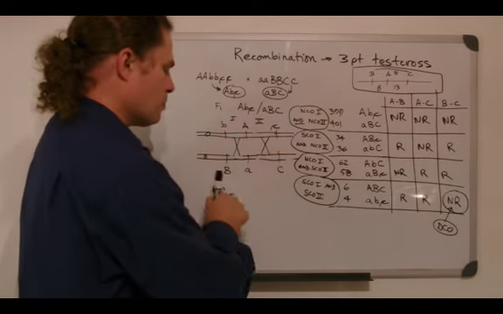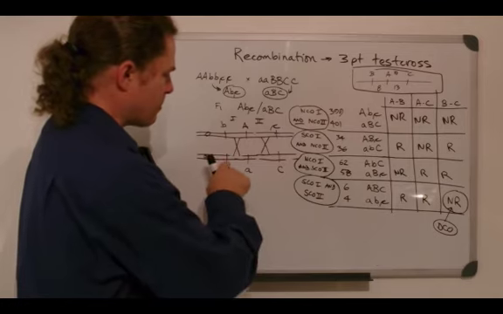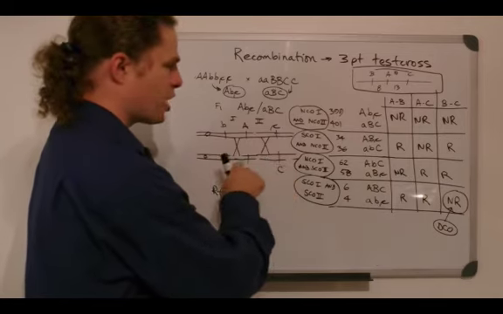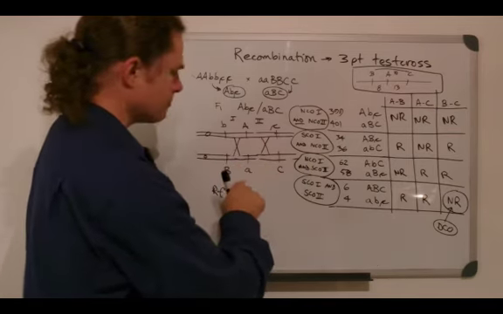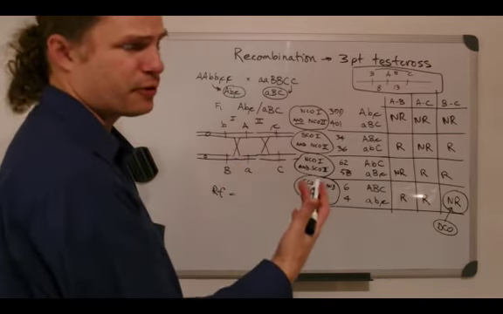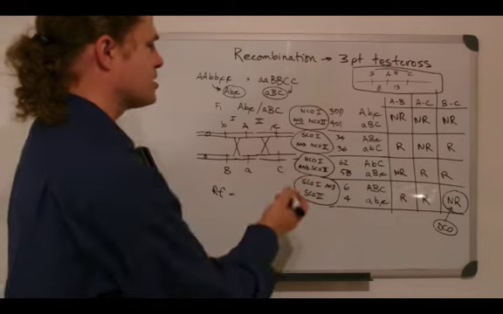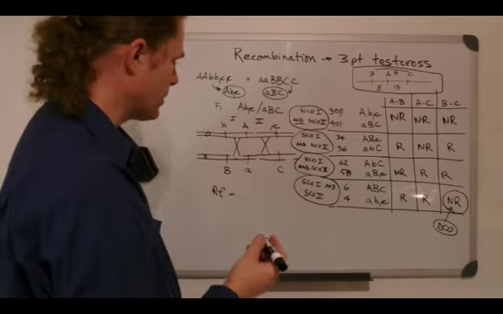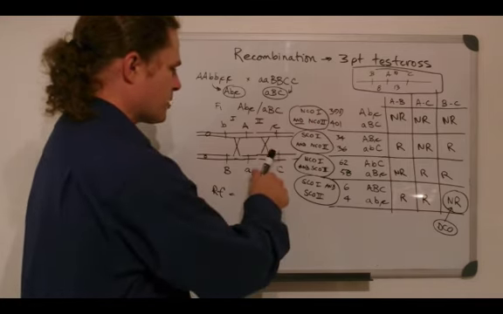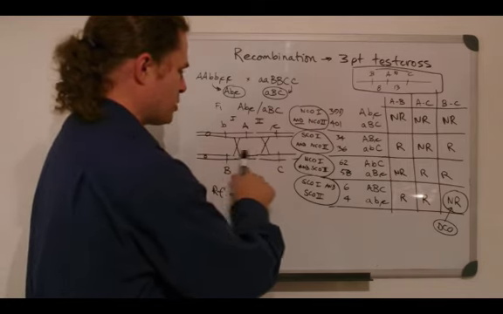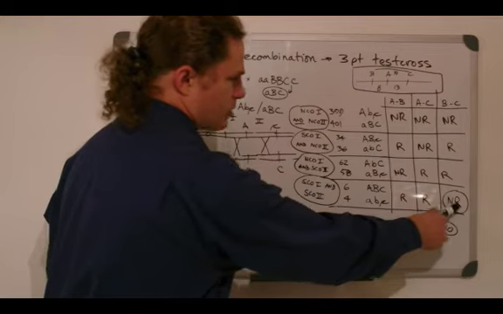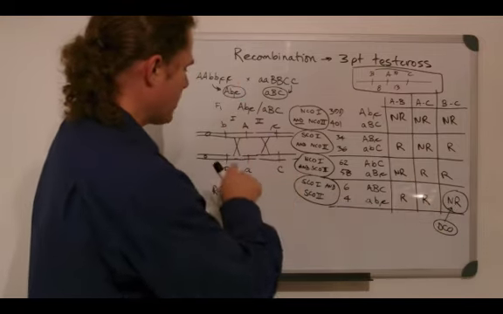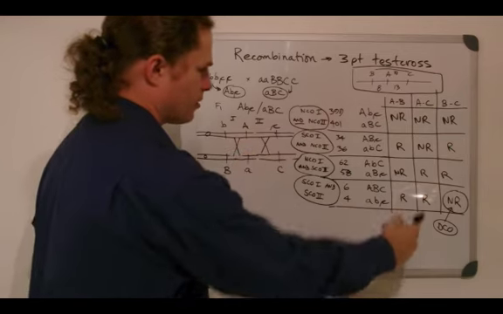So, because we're interested in the number of single crossovers between 2 points as a measure of map units, which again we call recombination frequency, because recombination frequency is the easiest way to detect physical distance between 2 points, we need to count these individuals in this B to C total. And we count them twice within this total.